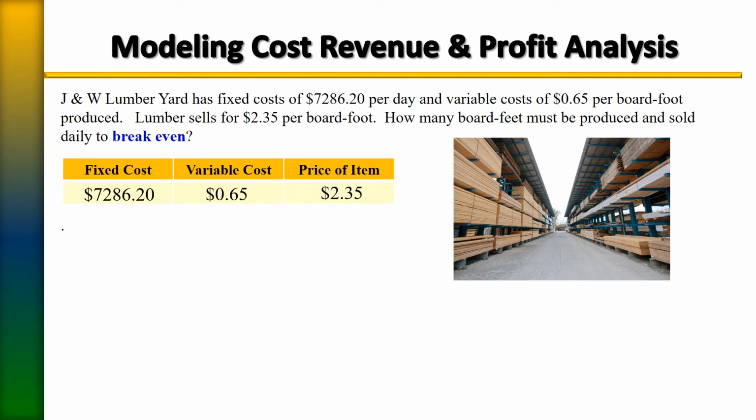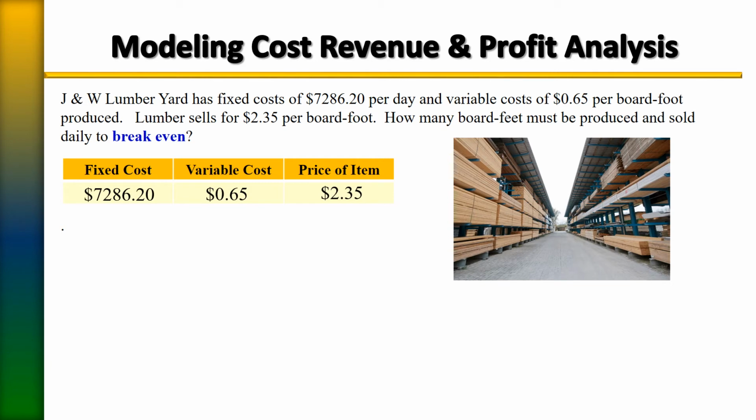Now to find the break-even point, recall that the break-even point is going to be the point to where there's no profit and there's no loss, to where you didn't lose any money and you didn't gain either. It's just break even. So to do that, you're going to have to set the cost function and the revenue function equal to each other.